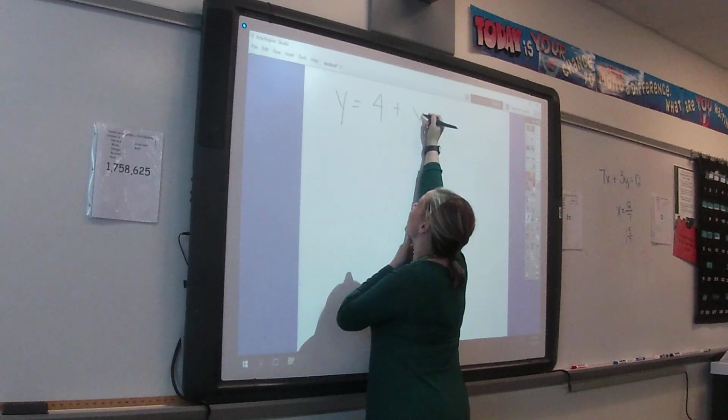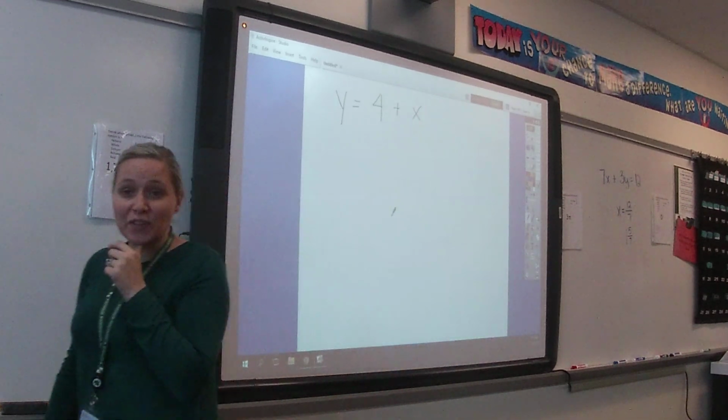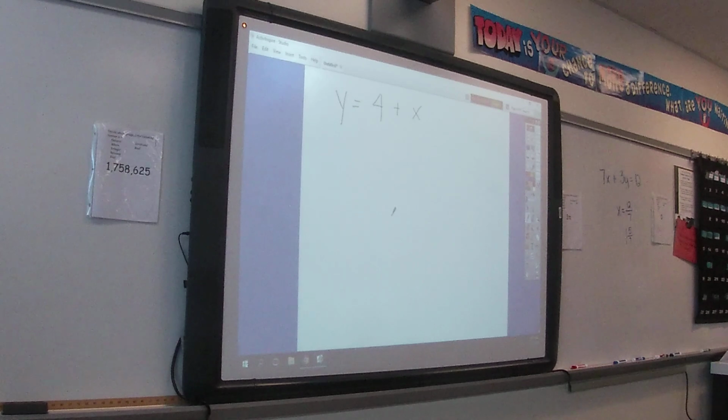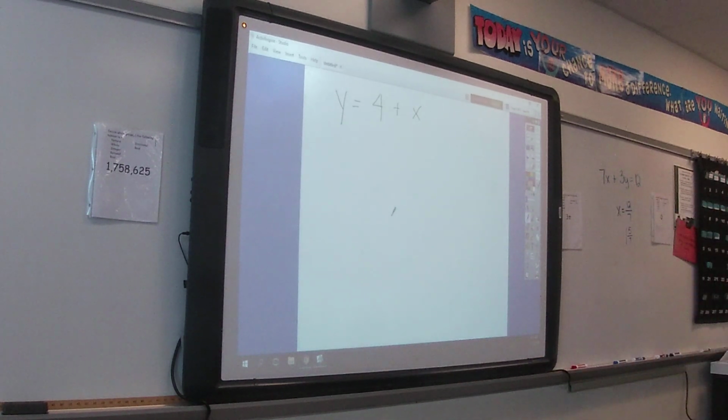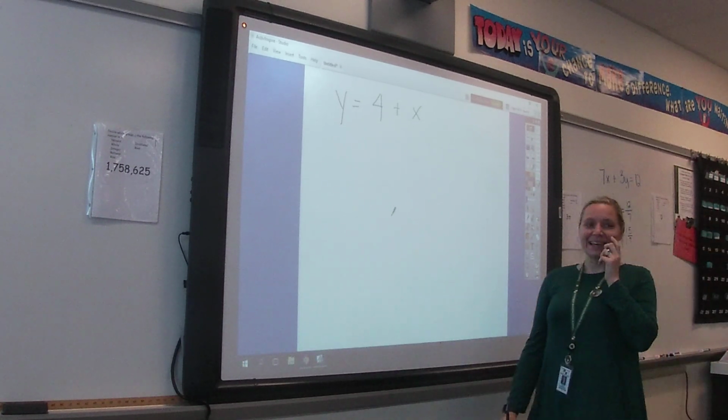A problem could try and be sneaky, and it could have it flip-flopped. What does m equal on this one? 1. Why is it 1 and not 4? Margie, what do you think? Is it because it's always next to x?